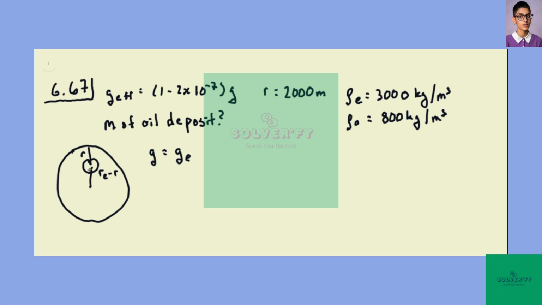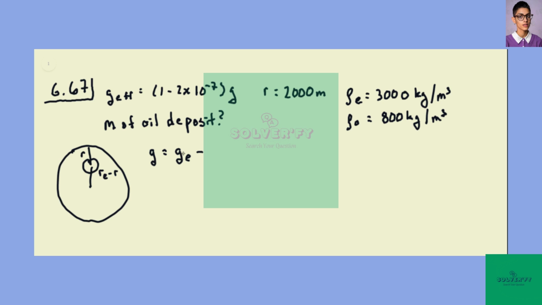And what we're going to do is find the gravity due to the Earth with a hole in it that's the size of the oil deposit, and then add in onto that the gravity from the oil deposit. So it's sort of a superposition thing.